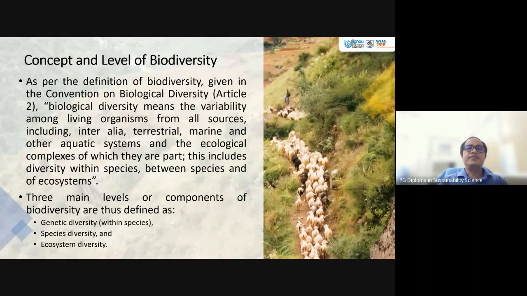As per the definition of biodiversity given in the Convention on Biological Diversity, Article 2, biological diversity is defined as the variability among living organisms from all sources, including, as we discussed earlier, terrestrial, marine, and other aquatic ecosystems.